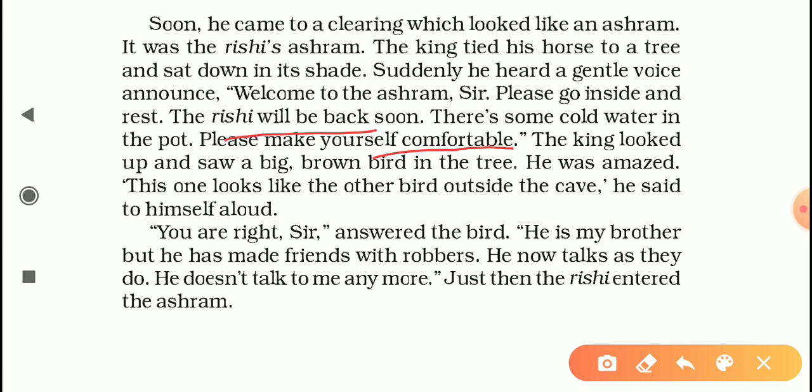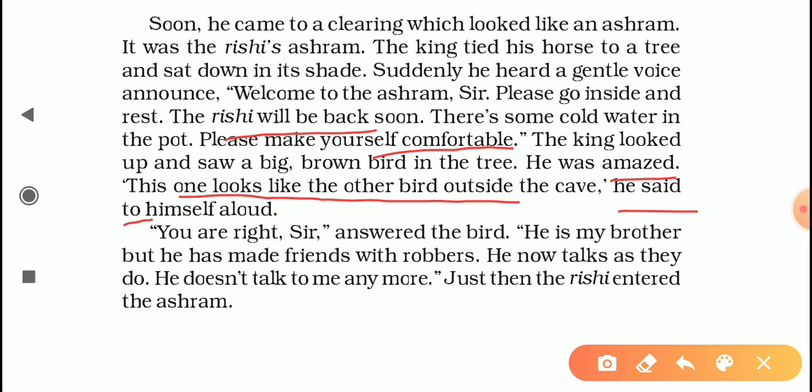And here also the king is amazed just like he was before. But why is he amazed? The last time he was surprised to see a bird working with the robbers. But now he is amazed that the same looking bird, he is saying that this bird looks like the other bird. These two birds are siblings. So they look just like each other.